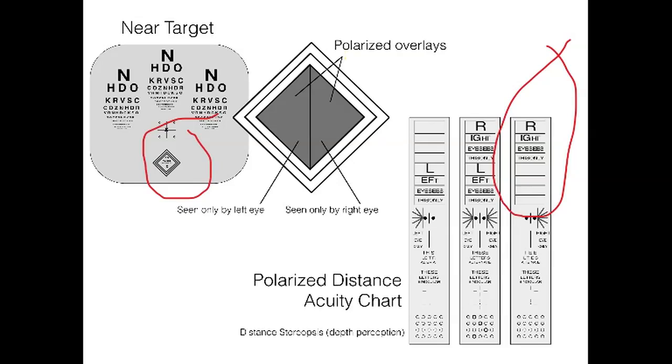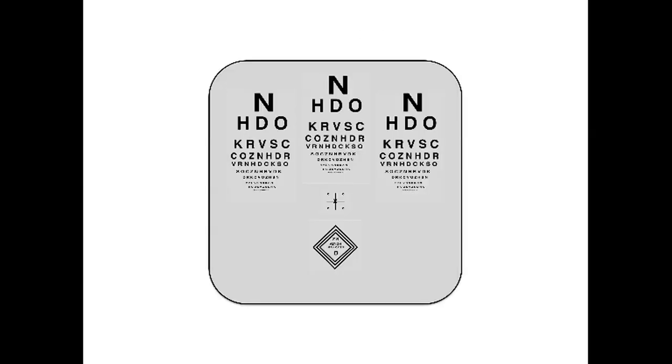Obviously, those are not the normal acuity letters on the panels. That's just to show you how it combines. Down at the bottom is a distance depth perception test. We call that stereopsis. Stereopsis is the measurement we use for depth perception. And so let's see what happens in a test sequence where somebody runs into suppression.